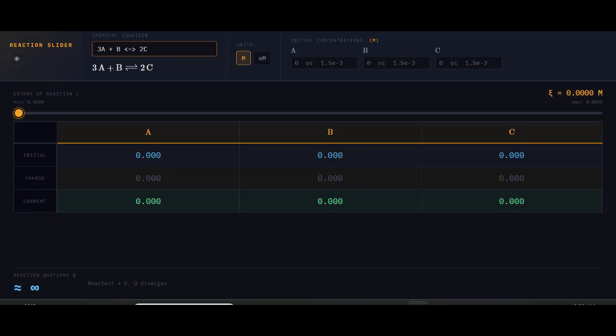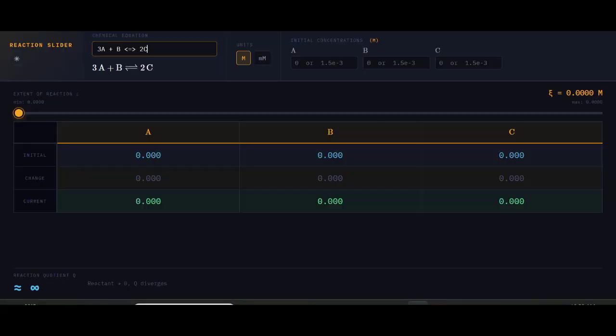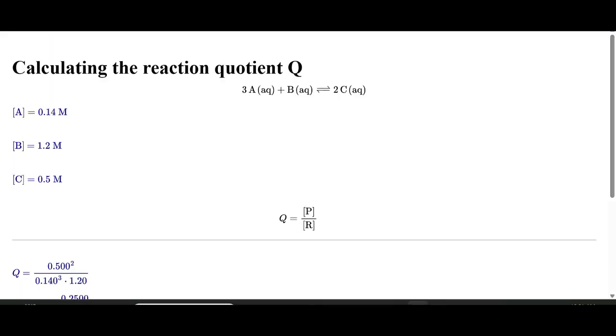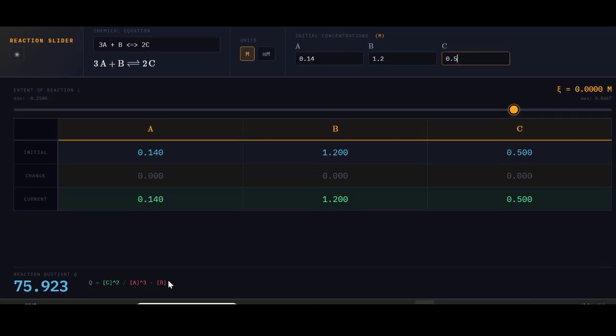So I don't remember what I had here. So A was 0.14, 1.2, and the last one, C, the concentration was 0.5. Okay, and this calculator doesn't know about significant figures, so it gives you a ridiculous number.